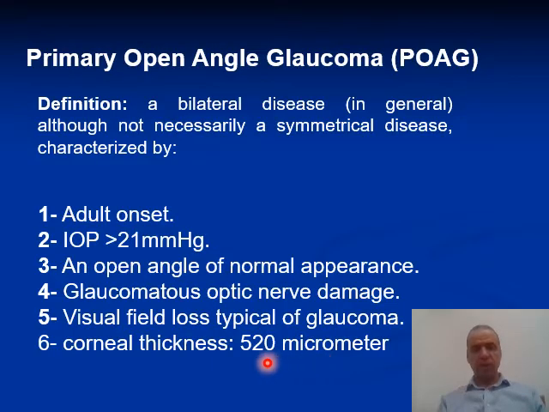Any cornea thicker than this figure might give us a falsely high intraocular pressure, and corneal thickness less than 520 might give us a falsely low intraocular pressure. For this reason, corneal thickness is added as an important factor in the diagnosis of primary open-angle glaucoma.